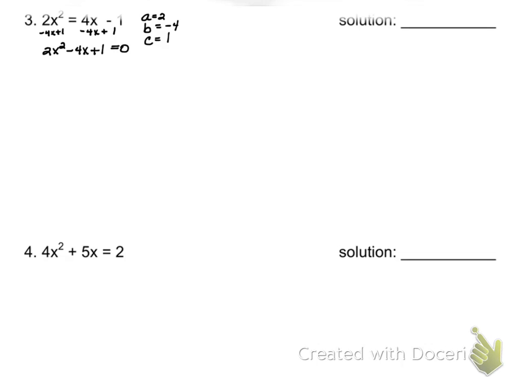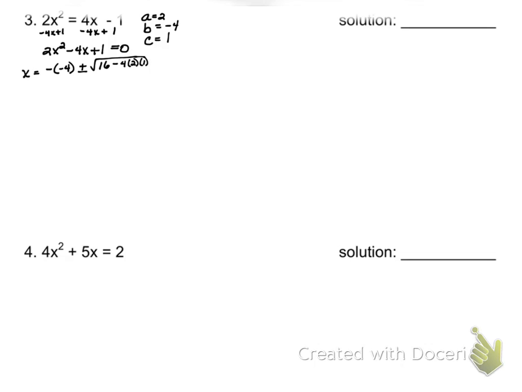Alright, so now we're going to put it in our equation. X equals negative b, negative negative 4, plus or minus the square root of b squared, so that's going to be 16 minus 4 times a times c.